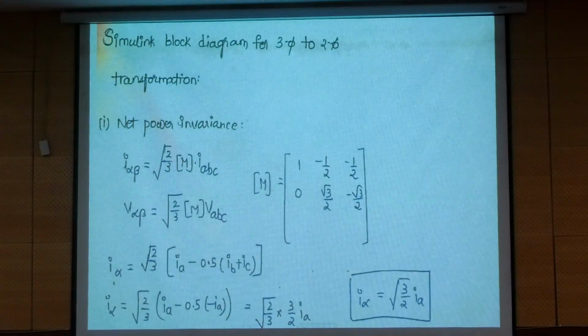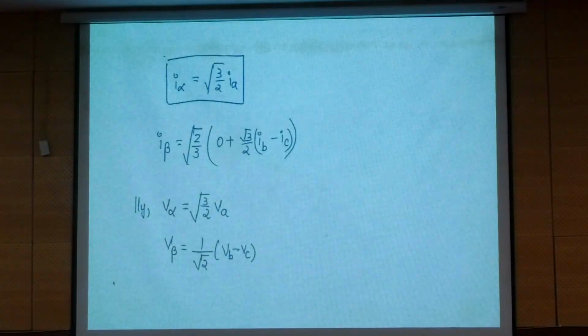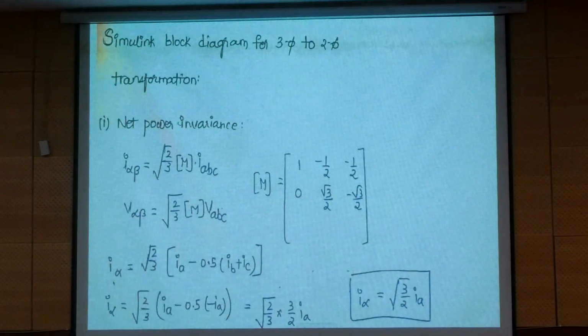Fine. So for V alpha, V beta, I alpha, I beta, these are all the equations. So I alpha is square root of 3 by 2 IA, right? What is I beta? My request is, solve it yourself. See, in this case, VA, VB, VC are known values, IA, IB, IC are known values.